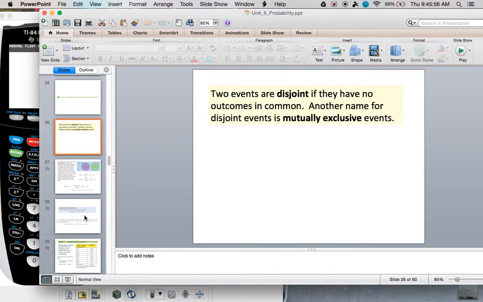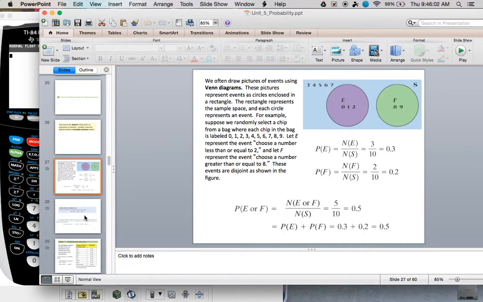Another name for disjoint events is mutually exclusive events. If you haven't done Venn diagrams in algebra, these would be disjoint. They have nothing in common. This doesn't intersect this. If set E is the numbers 0, 1, and 2, set F is 8 and 9, there's nothing in common between those two sets, excuse me.